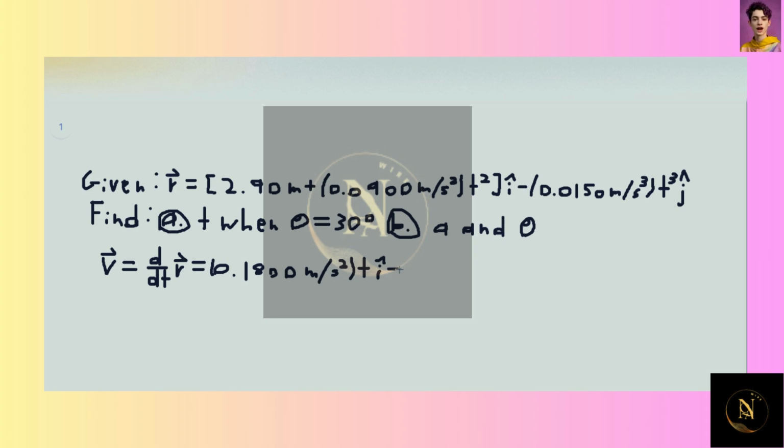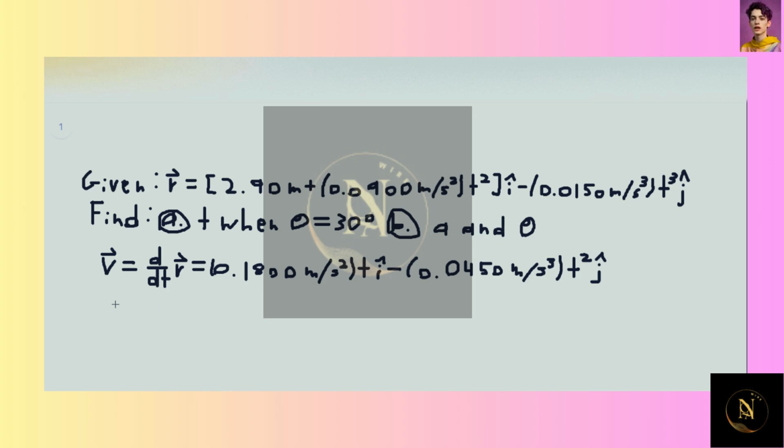So if we compute that derivative, we're going to have a negative 0.0450 meters per second third, times t squared. Okay, so that's the j hat component. Now we have the x and y components of the velocity vector.